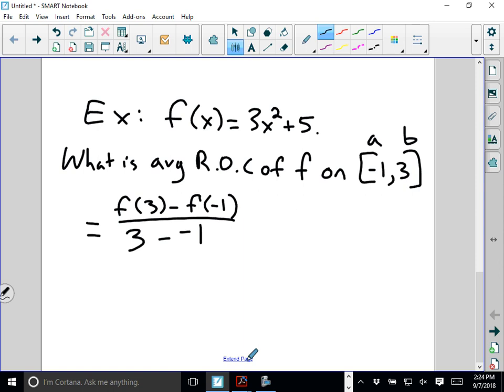Okay. So taking a look at that, simplifying this out, we are going to need to figure out what is f of 3 and what is f of -1. I strongly suggest you find those and simplify them ahead of time, so when we subtract them, we don't have to put a parentheses around that binomial for each of them. So let's figure out f of 3. F of 3 will be 3 times 3 squared plus 5.